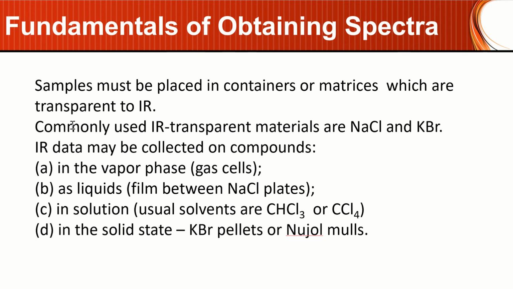Back then, with IR transparent materials like sodium chloride or KBr, potassium bromide, IR data could be collected on compounds in the vapor phase, in gas cells; as liquid films between sodium chloride plates; in solution, using solvents like chloroform; and in the solid state, using KBr pellets, etc., right?